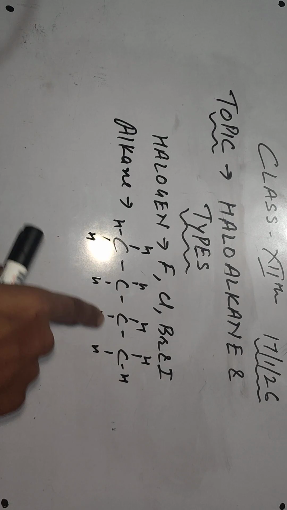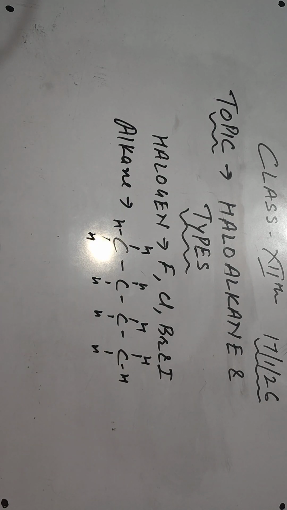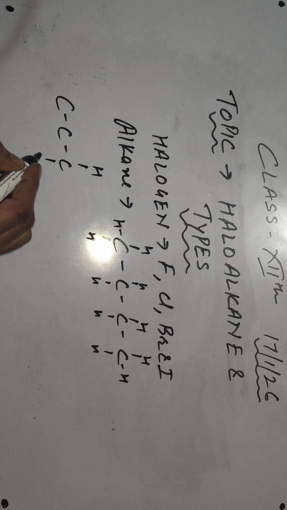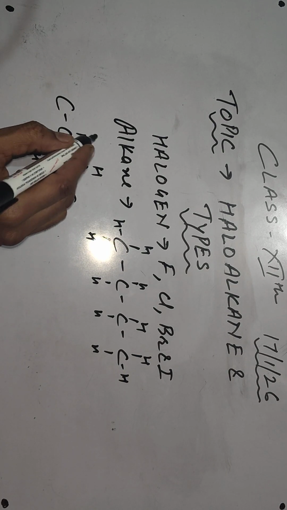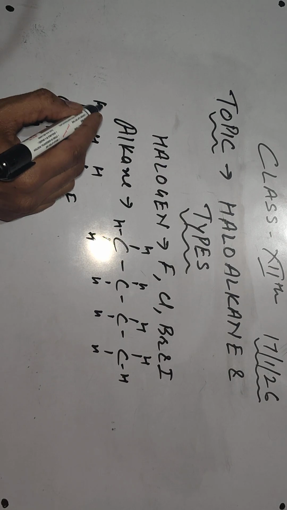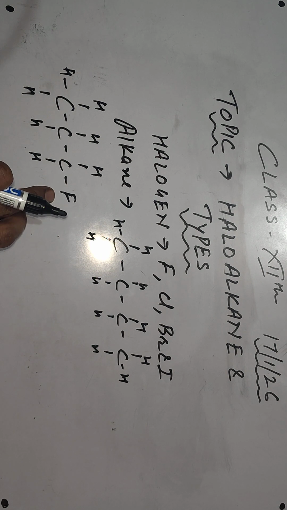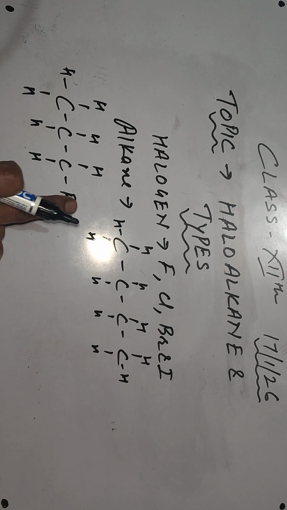So when any one hydrogen is getting substituted by halogen, like in this case, this was the alkane of 3 carbon, and you can watch the hydrogen of this carbon is substituted by fluorine. So this organic compound which we got, it is haloalkane, which is also known as alkyl halide.